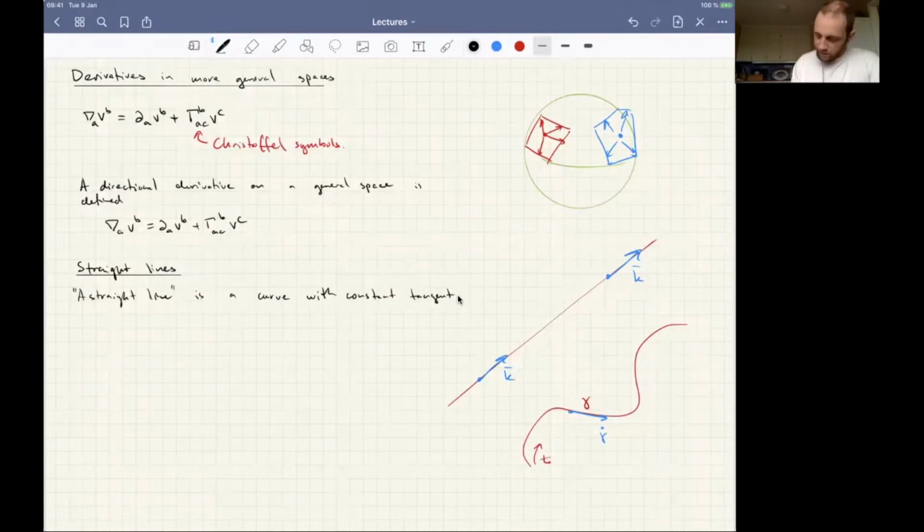Then this line is straight if the directional derivative of the tangent vector gamma dot in the direction of gamma dot is equal to 0. So this is called the geodesic equation.